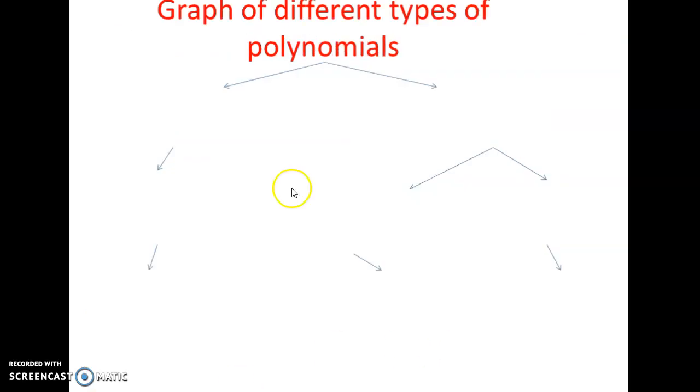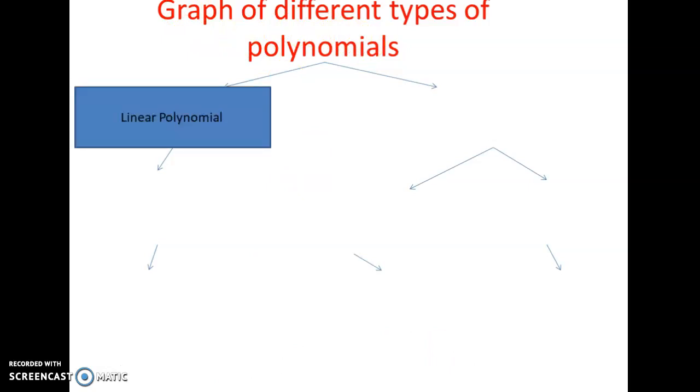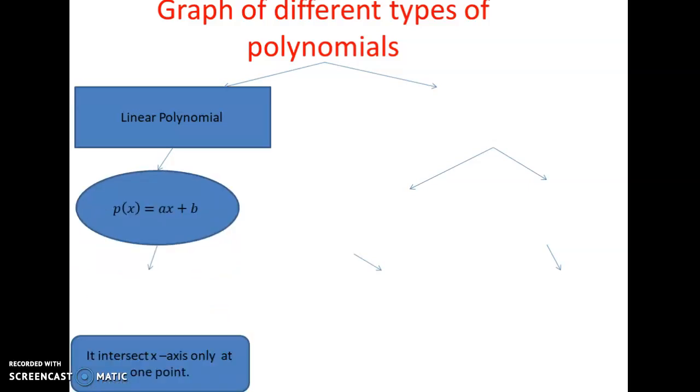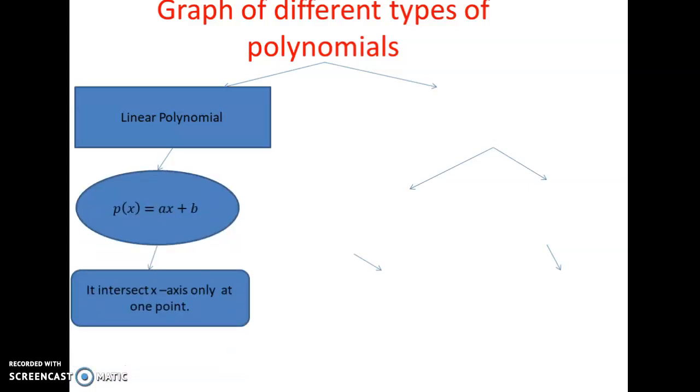Now what we are going to do? We are going to construct the graph according to different polynomials. A linear polynomial has the general form ax plus b, and what is the graph? It intersects the x-axis at only one point.